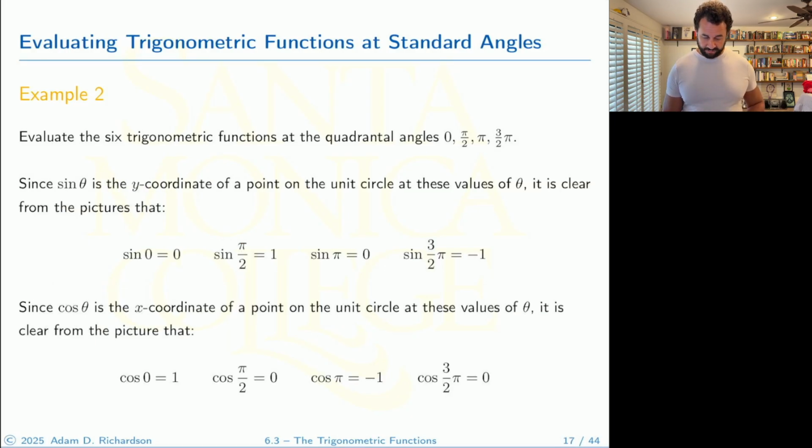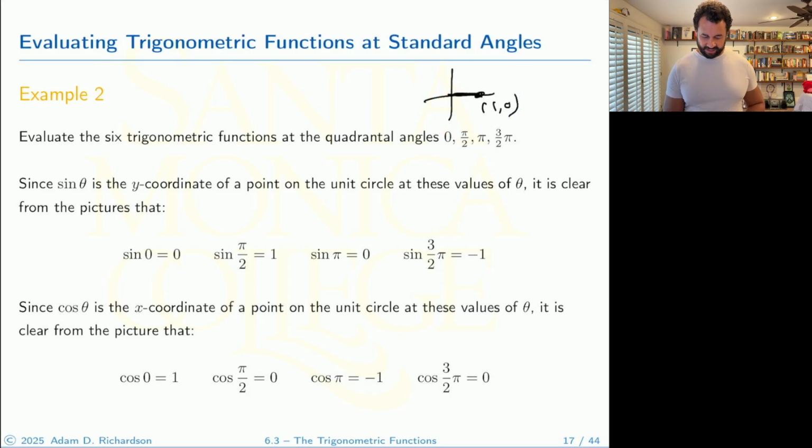Here, the angle is 0. So we're looking at this angle right here. This is the point 1 comma 0. And from that, everything's going to fall out, right? I could have better organized this, but I'll do it this way.